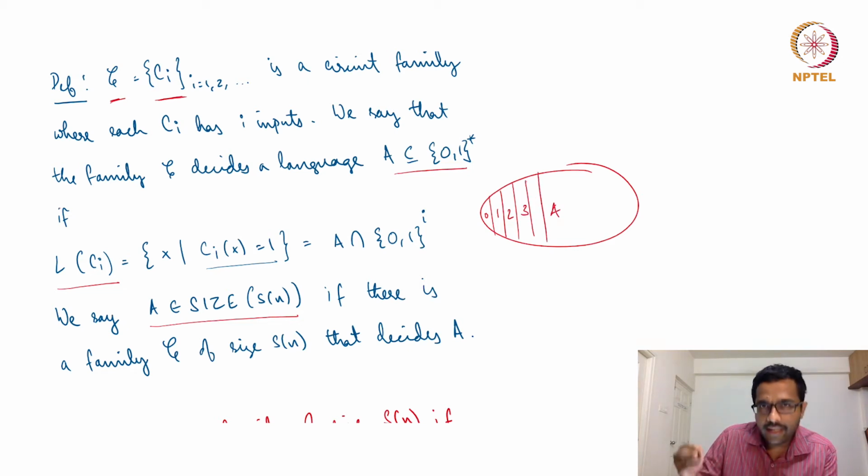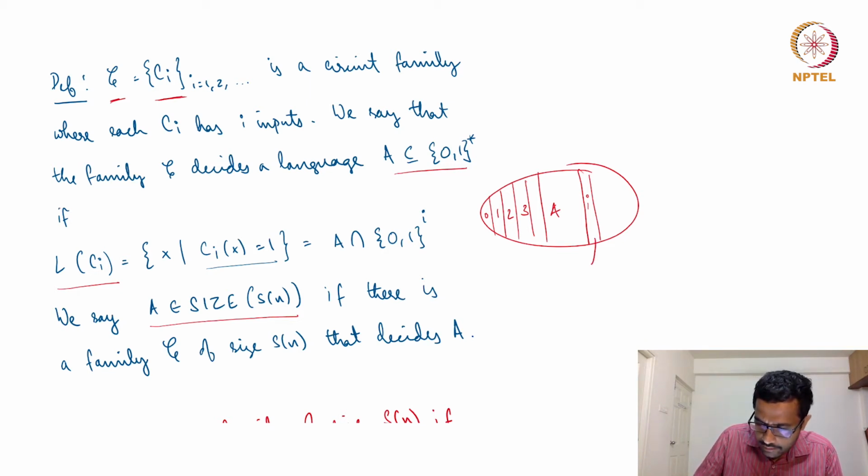You can slice A into 0-bit instances, 1-bit instances, all of them in A. The ith slice of A is the set of strings in A that are of length exactly i.